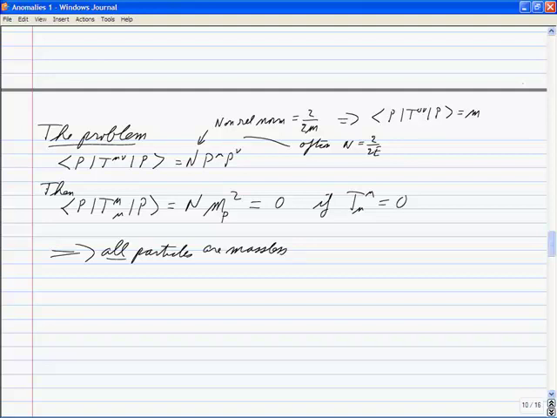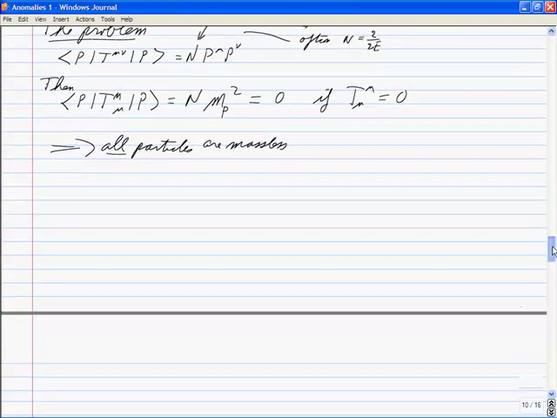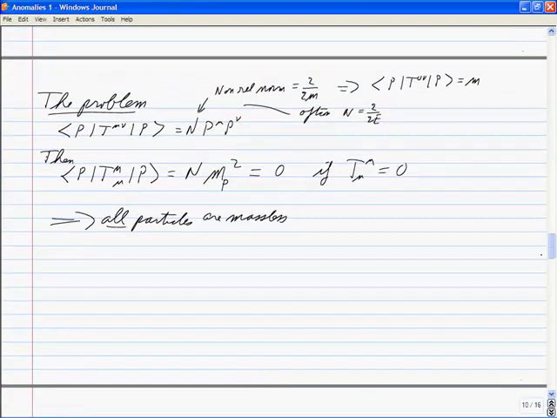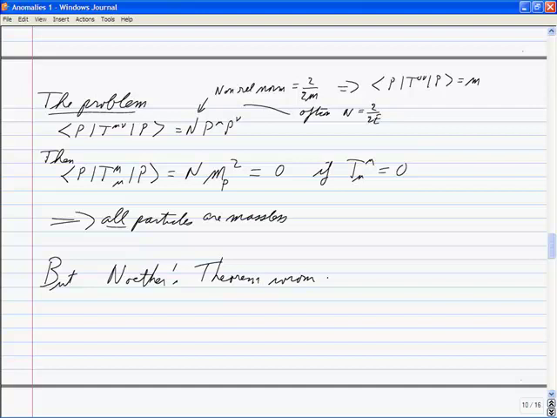The answer is that this theorem lied to us; this is not really a symmetry. Scale invariance is not a symmetry of QCD.